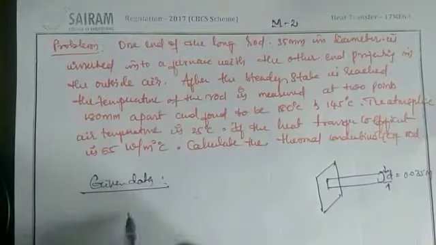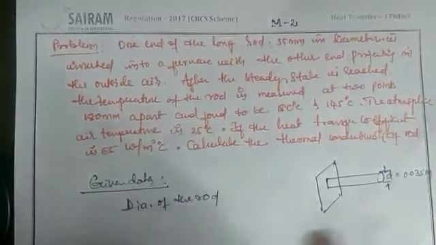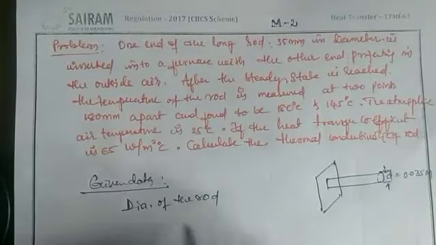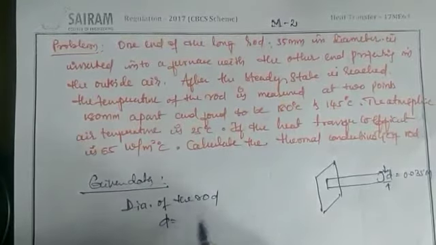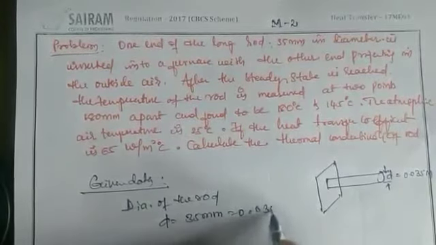First, the diameter of the rod. The rod you consider here as the fin. D is equal to the external surface, so 35 mm, 0.035 meter.